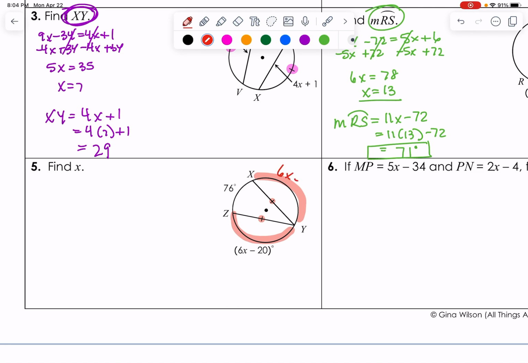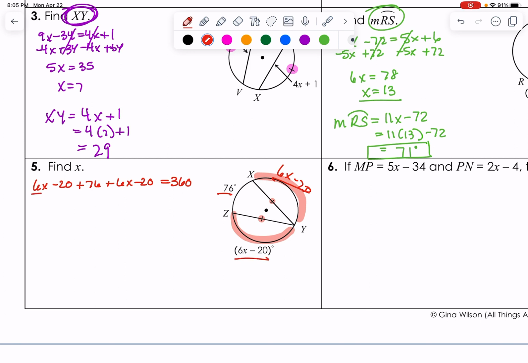So this is 6x minus 20. Now I have some kind of value for all three arcs, which need to total 360 degrees. So I can say 6x minus 20 plus 76 plus 6x minus 20 has to equal 360. 1, 2, 3 arcs.